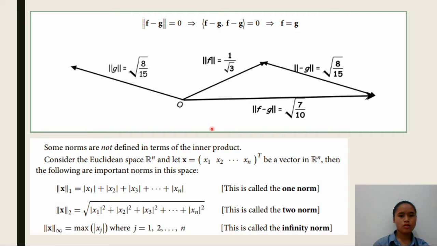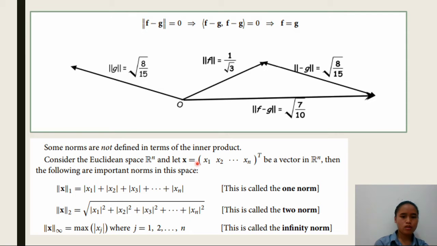So this is the vector g, f minus g, and the norm of f minus g. Some norms are not defined in terms of the inner product.